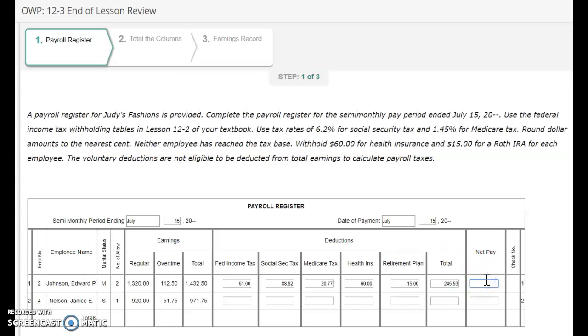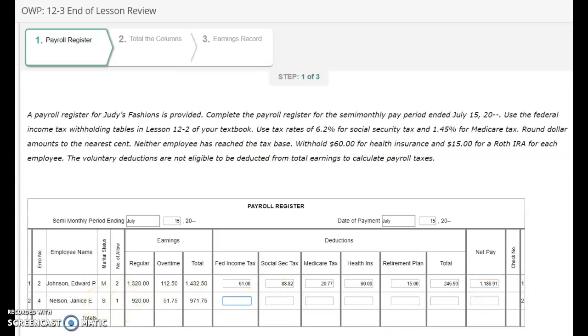And then I need to calculate my net pay. So I'm going to take that 1432.50 and I'm going to subtract the deductions, which were 245.59, to get a net pay of $1,186.91.